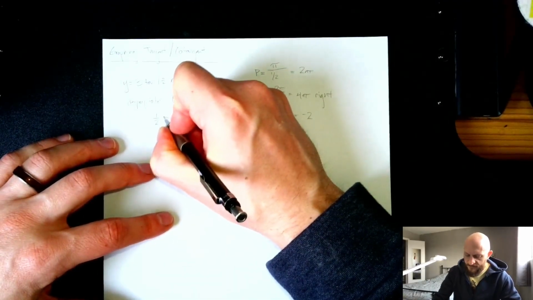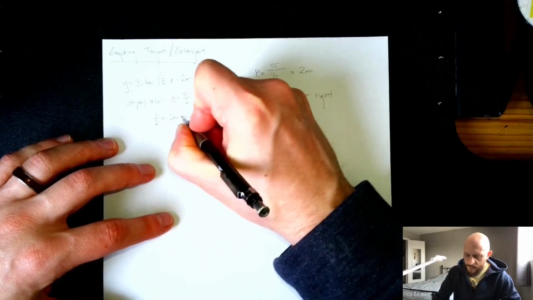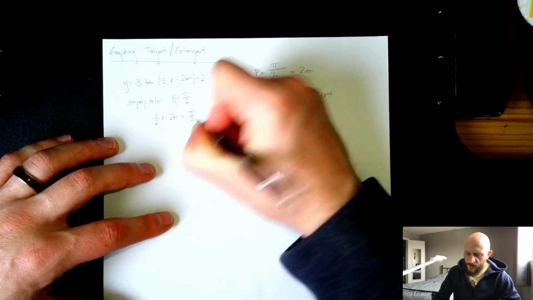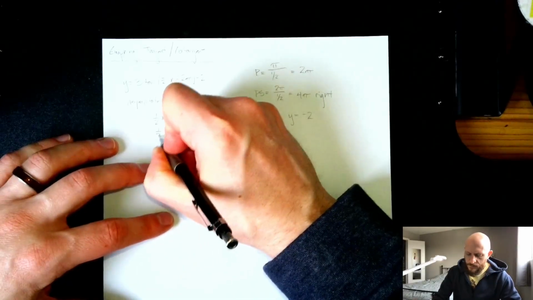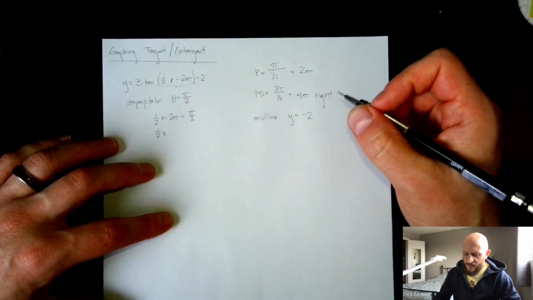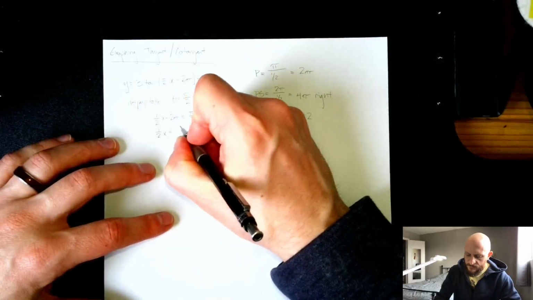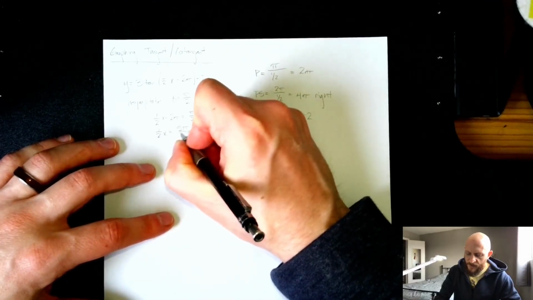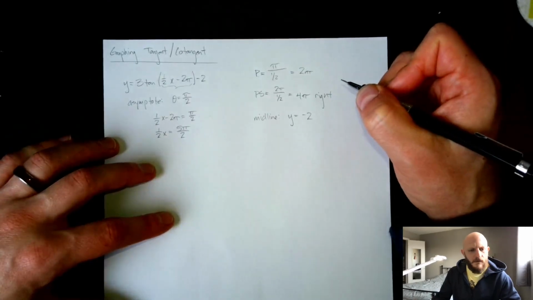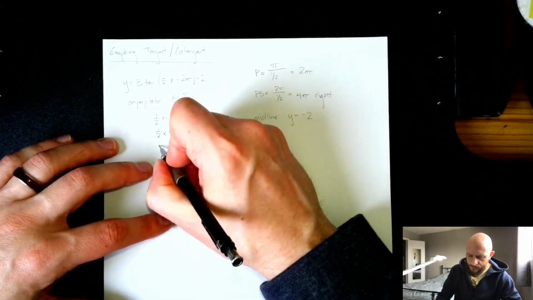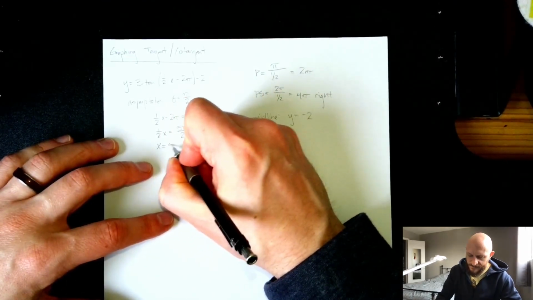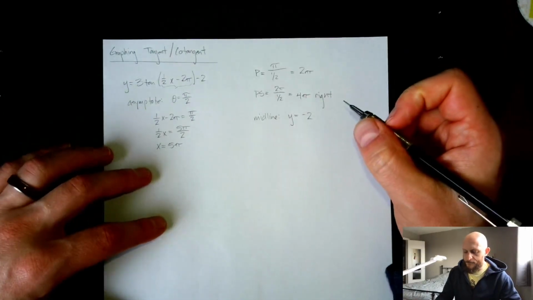So we solve 1/2 x minus 2 pi equals pi over 2. Add 2 pi to each side to get 5 pi over 2. So then there's an asymptote at x equals 5 pi.